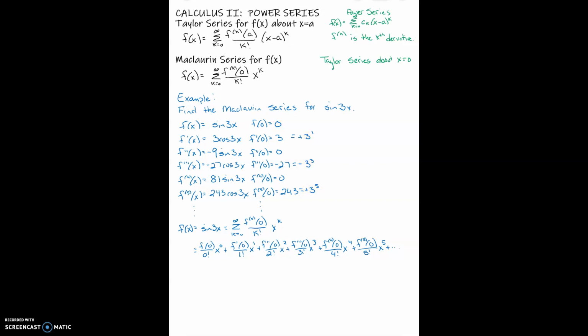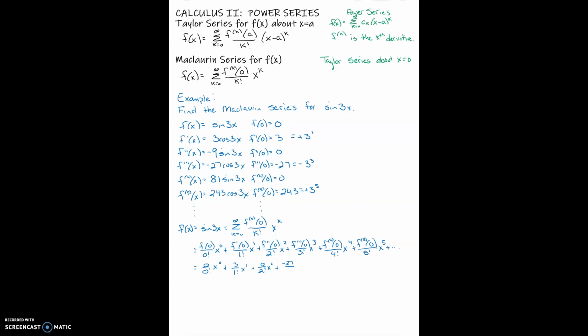So let's see. We have 0 over 0 factorial x to the 0. And all I'm going to do is replace the derivative values. We'll simplify the rest of it here in the next step. Then we have 3 over 1 factorial x to the 1. Then we have 0 over 2 factorial x squared.